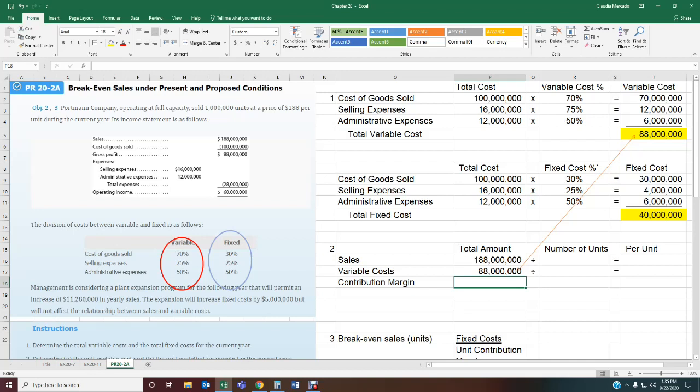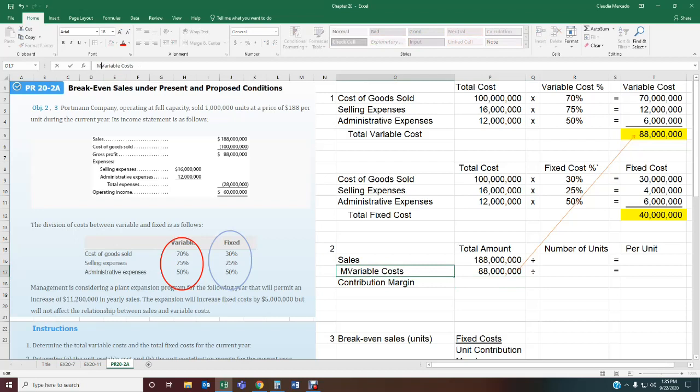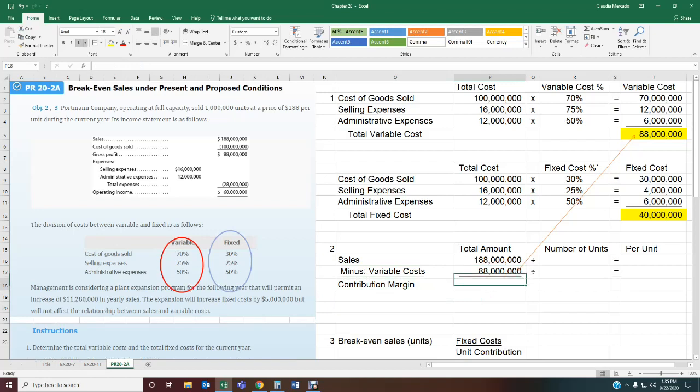So now my contribution margin is your sales minus your variable cost. So we subtract our sales minus our variable cost, and that gives me 100 million.